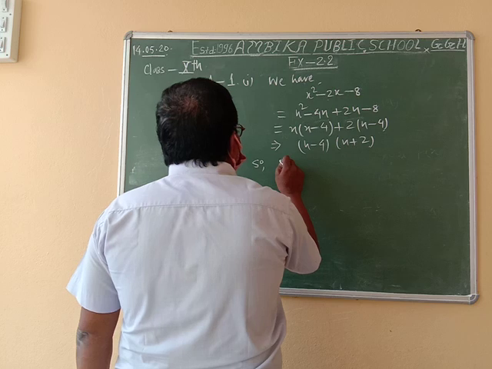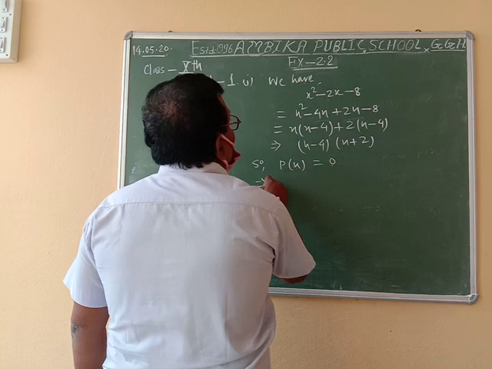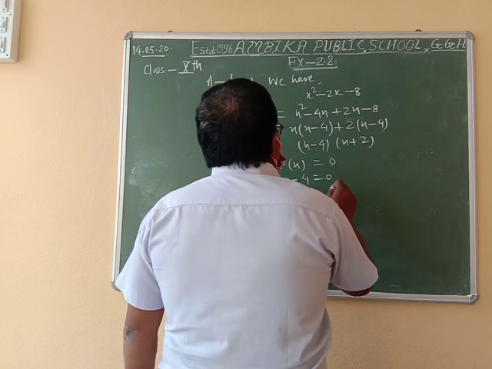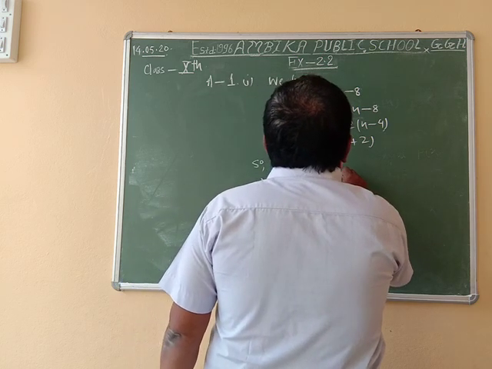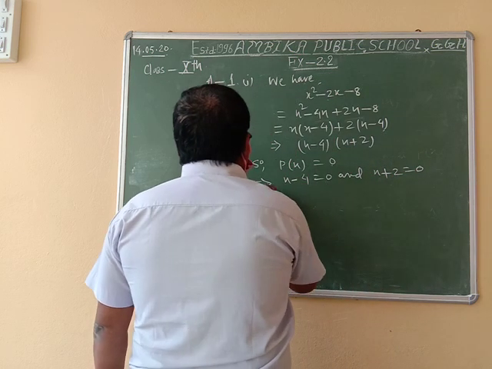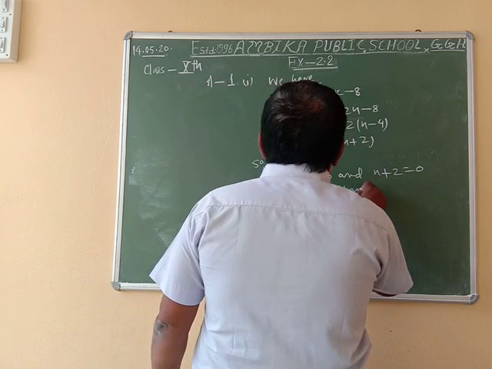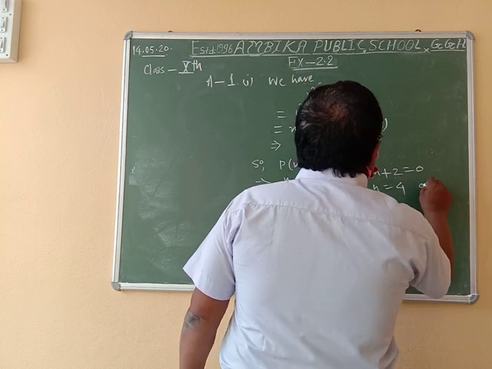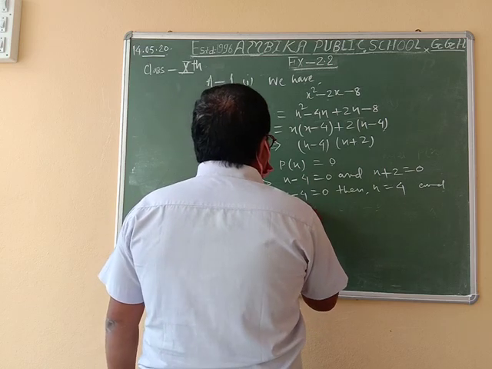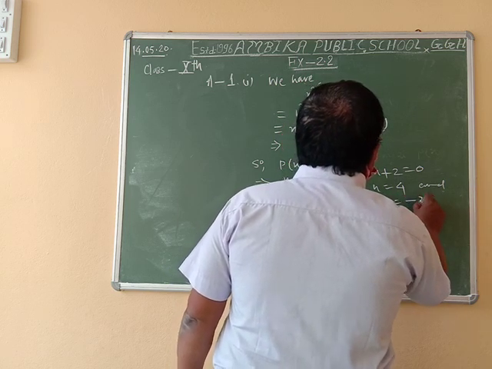So p(x) equals 0 means x minus 4 equals 0 or x plus 2 equals 0. If x minus 4 equals 0, then x is equal to 4, and if x plus 2 equals 0, then x is equal to minus 2.